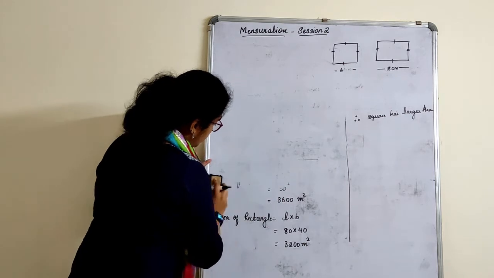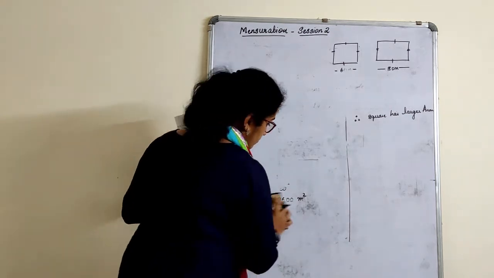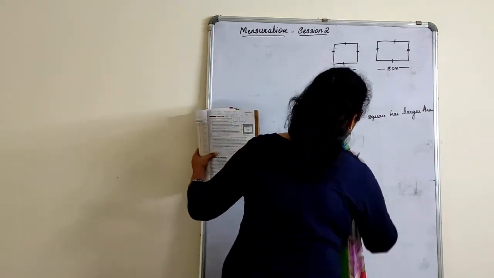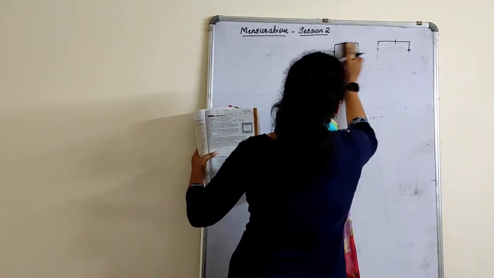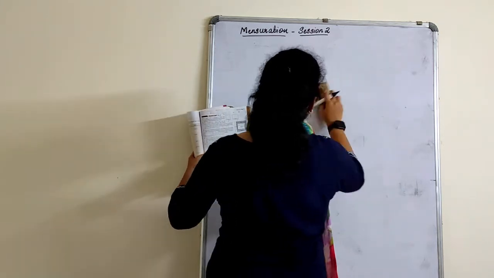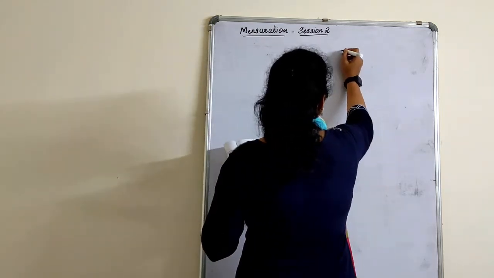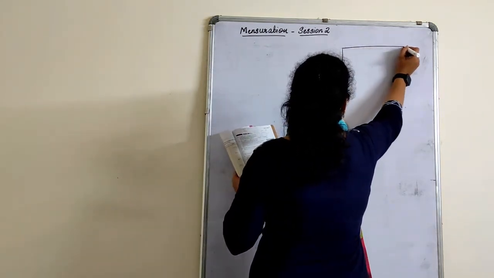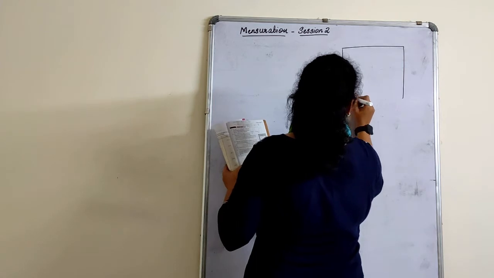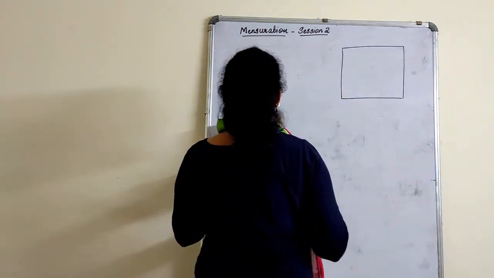That's very important. So Mrs. Kaushik has a square plot, and she wants to construct a house in the middle of the plot.